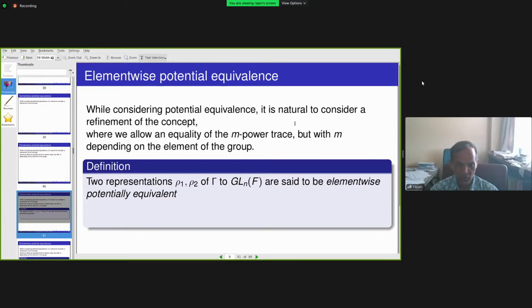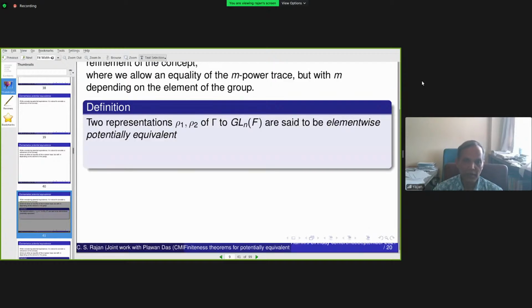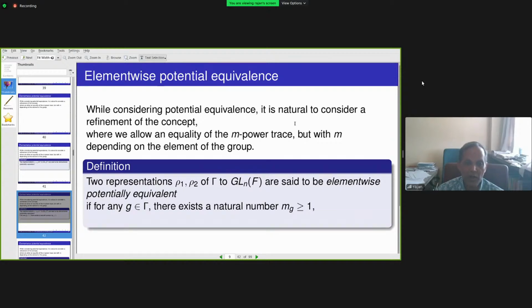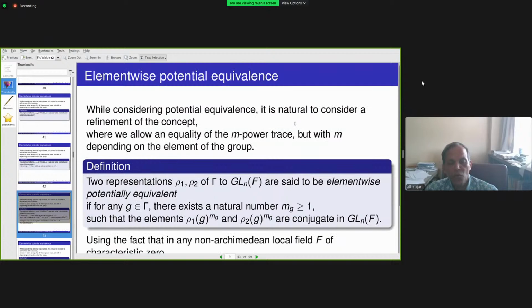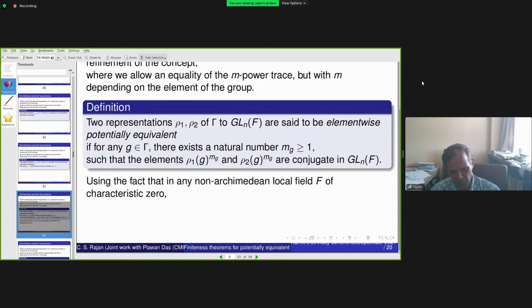So ρ1 and ρ2 are said to be element-wise potentially equivalent if for any g in Γ there exists a natural number m_g, depending on g, such that the elements ρ1(g)^{m_g} and ρ2(g)^{m_g} are conjugate in GL_N(F). So they have the same set of eigenvalues in some algebraic closure. Of course, I'm not assuming the element ρ1(g) is semi-simple, but that's not an issue; it's enough to assume only that the semi-simple part is conjugate.